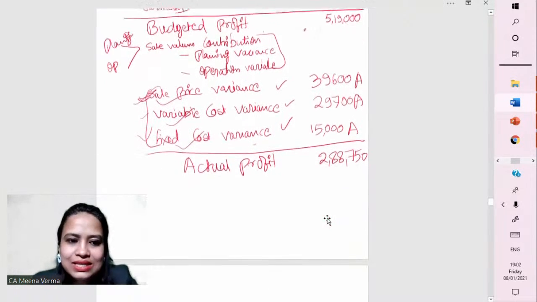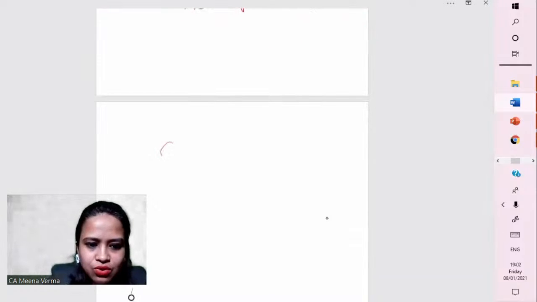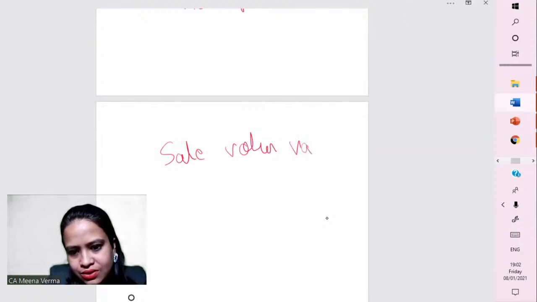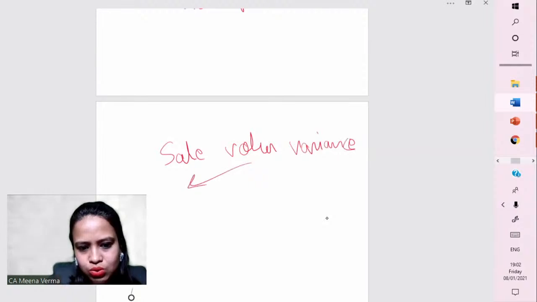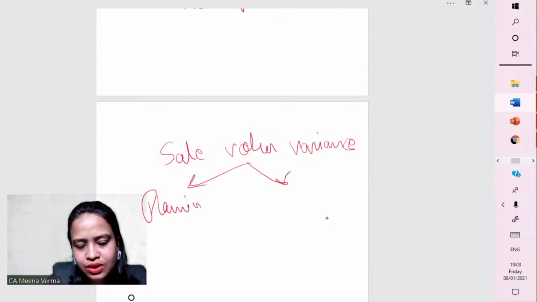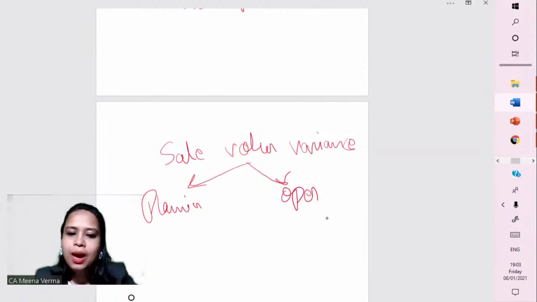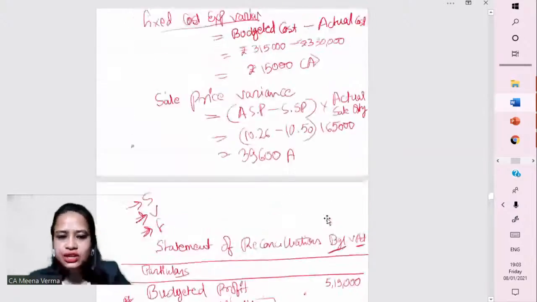Now let us find the sale volume variance. In sale volume variance, we will calculate two things: one, planning variance, and one, operation variance. Why? Because we have information related to that.